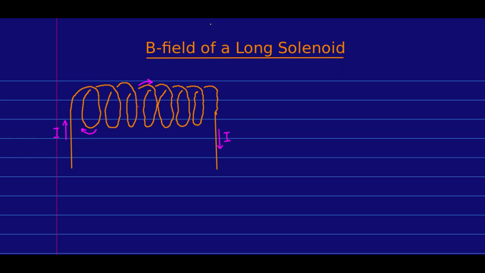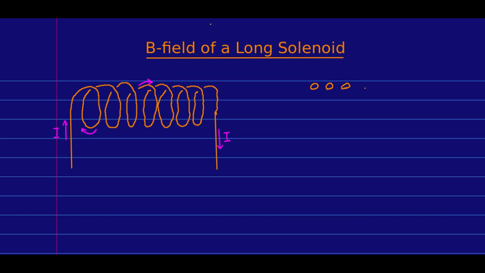So now let's get the B field inside a solenoid. And I mean deep inside a solenoid, so we need to be far from either end, or alternatively it is a sufficiently long solenoid that we can ignore the fact that it has any ends. And to make it clear which way the current is going, I'm going to draw a cross section through the solenoid.